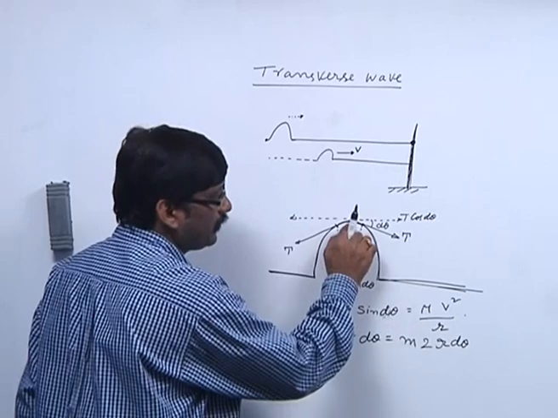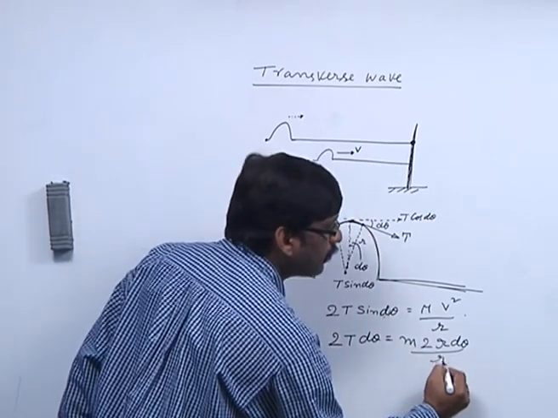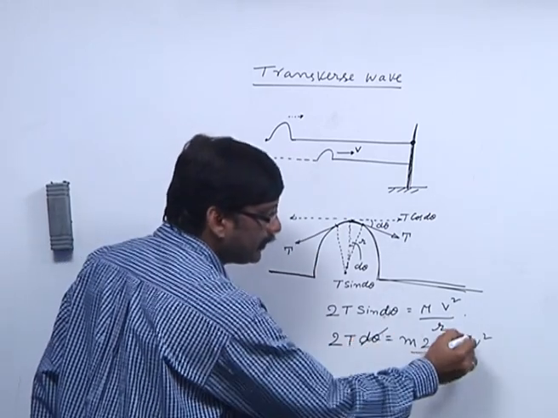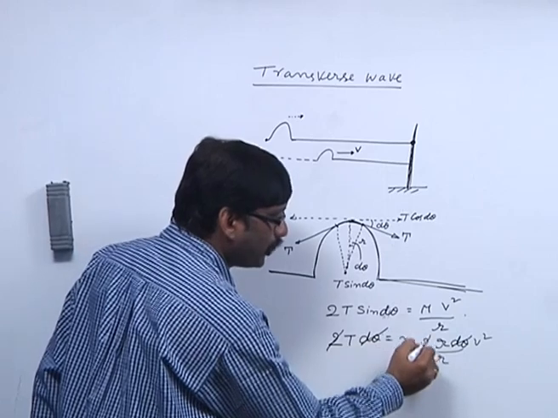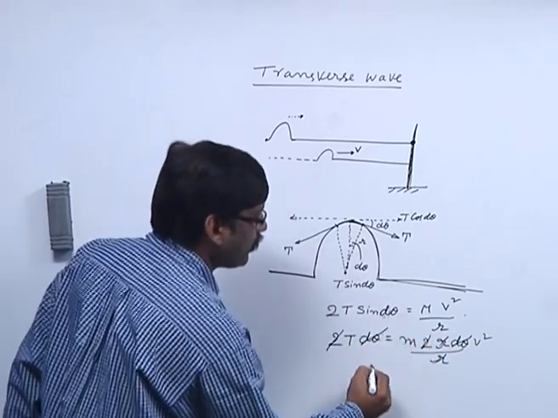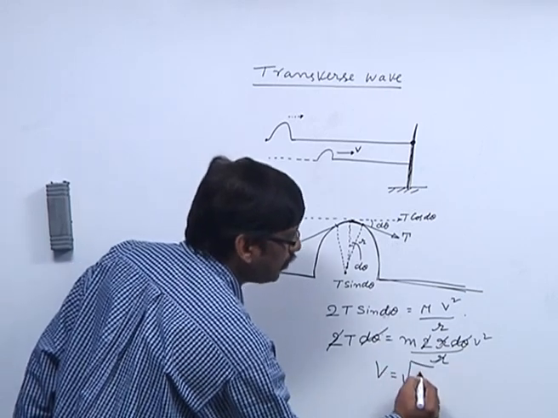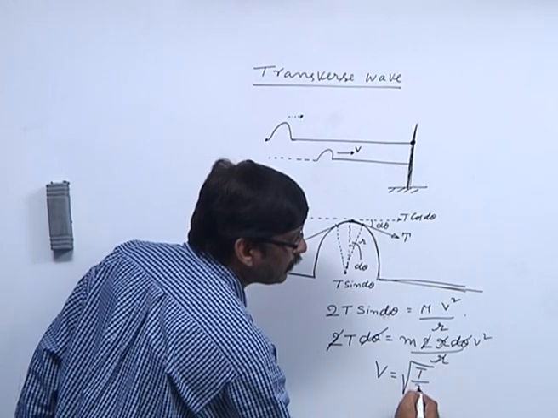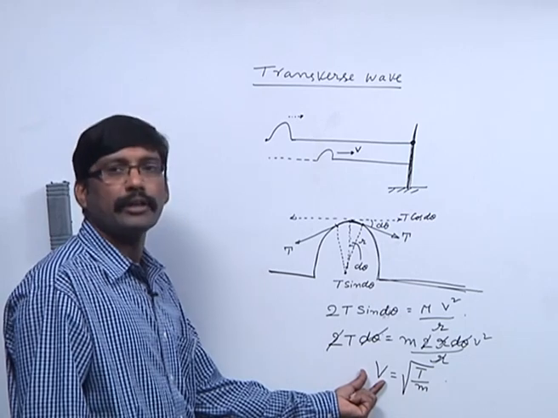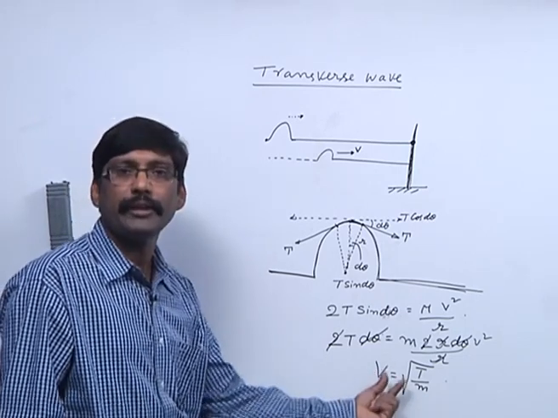So this is r d theta by r into v squared. If I cancel d theta, 2 and r, I will get the velocity of the transverse wave v is equal to root of tension by linear density. The velocity of the transverse wave v is equal to root of T by m.